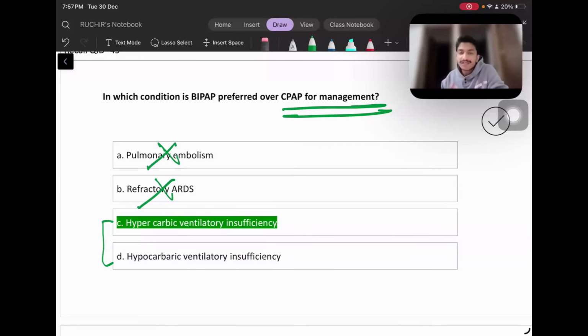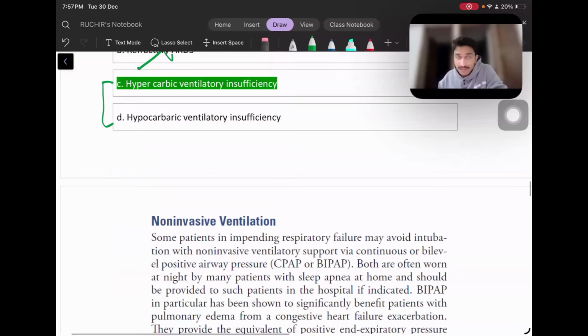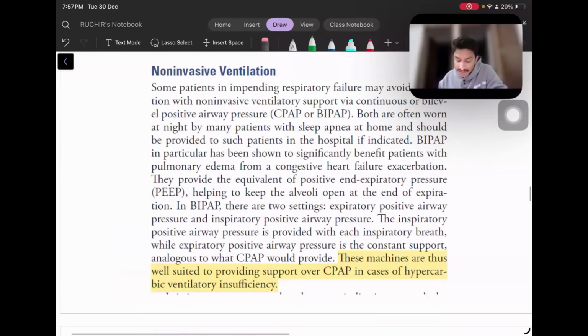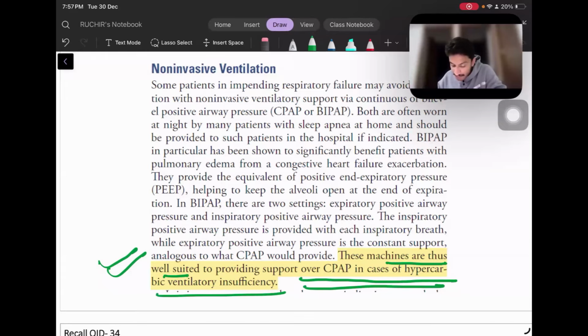So whenever there is CO2 retention, you will put the patient on BiPAP, as you have seen in obese patients. And this is again taken from Sabiston, where they mention that these BiPAP machines are well suited to provide supportive care over CPAP in cases of hypercarbic ventilatory insufficiency.